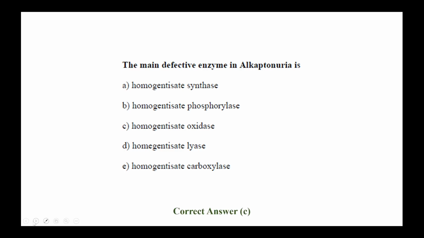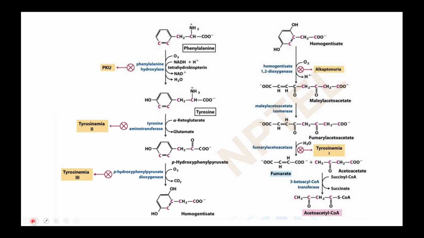So alkaptonuria is also a form of tyrosinemia. Like in tyrosinemia type 2, we had tyrosine aminotransferase deficiency or defect. Then in type 1, we had fumarylacetoacetate hydrolase defect. And in alkaptonuria, we have the defect in the enzyme homogentisate oxidase. So this is the whole pathway of phenylalanine metabolism.